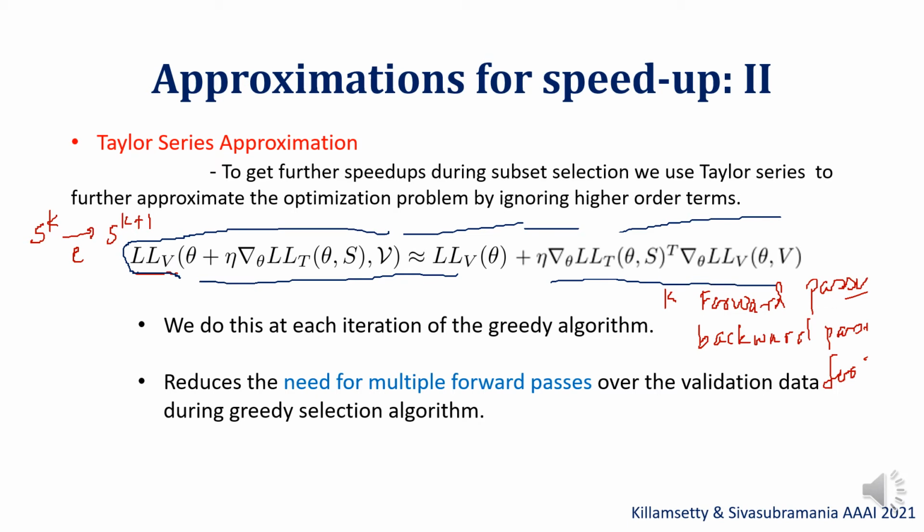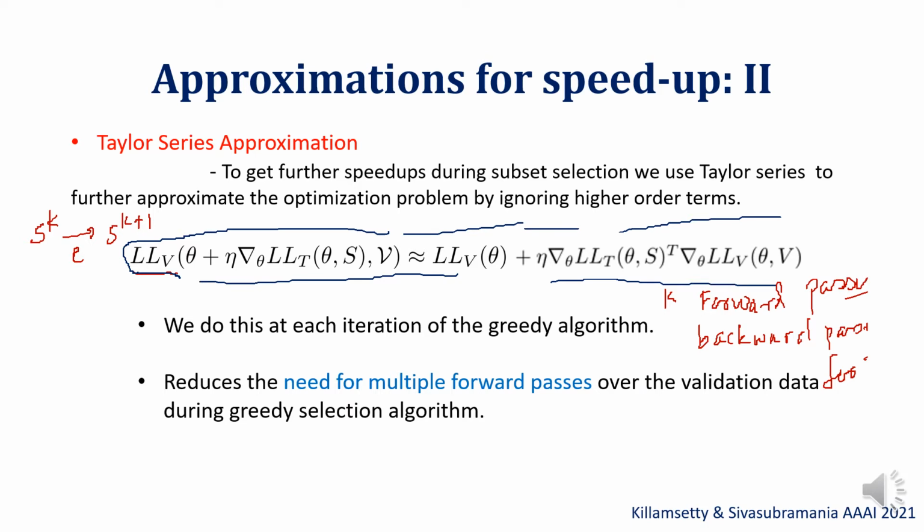But to compute the gain, you will actually have to compute the log likelihood on the validation data. This can require several forward passes, especially if the network is a deep network. This can be very computationally expensive.